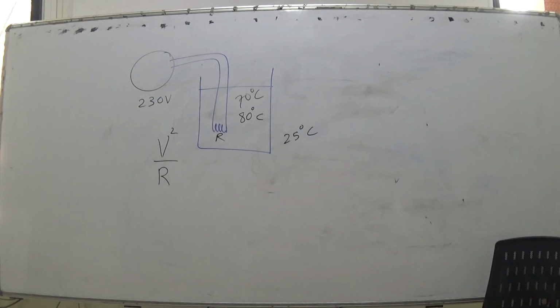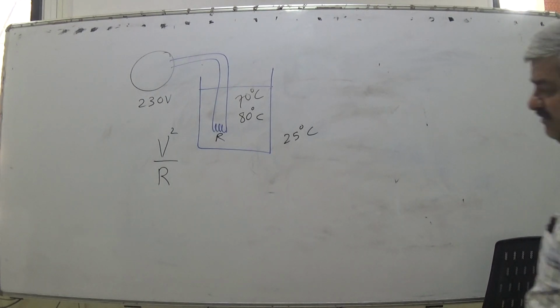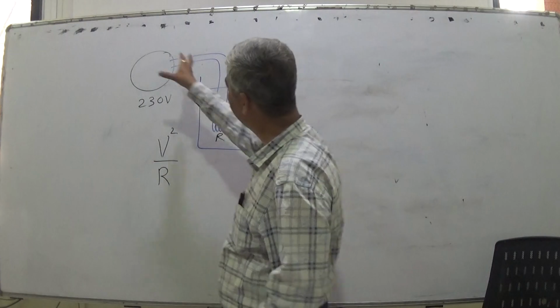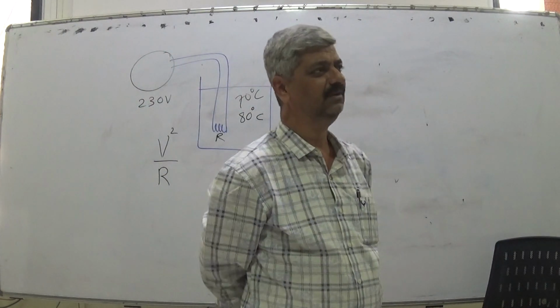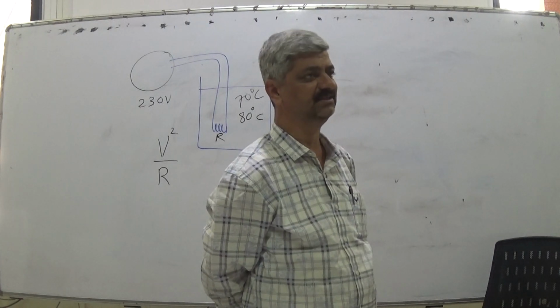Therefore, thinkers have thought in different ways. They said there is no need for this dimmer. Suppose I want to supply half energy.